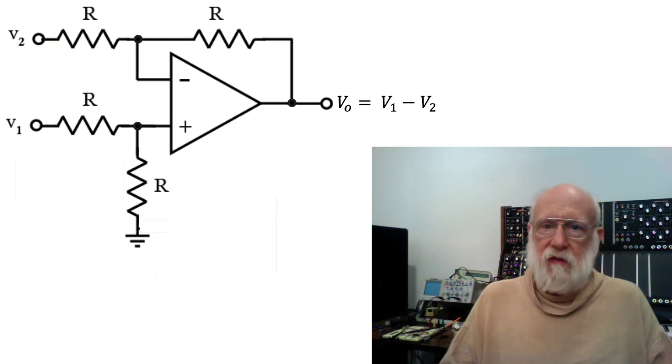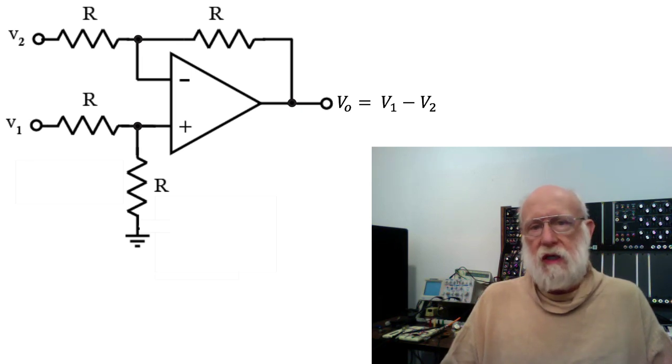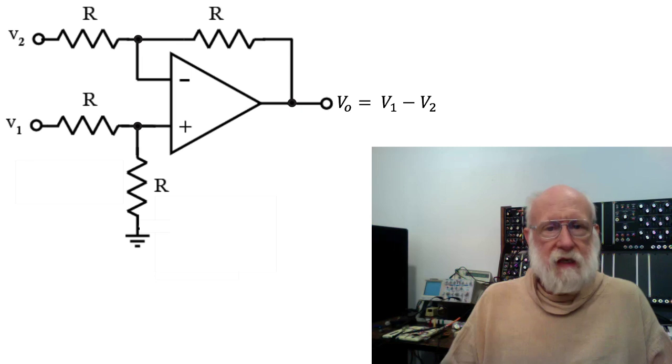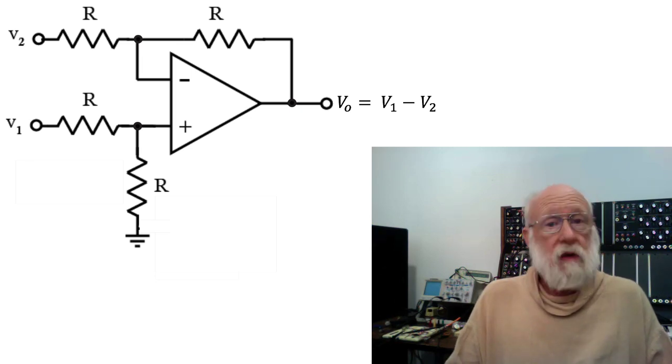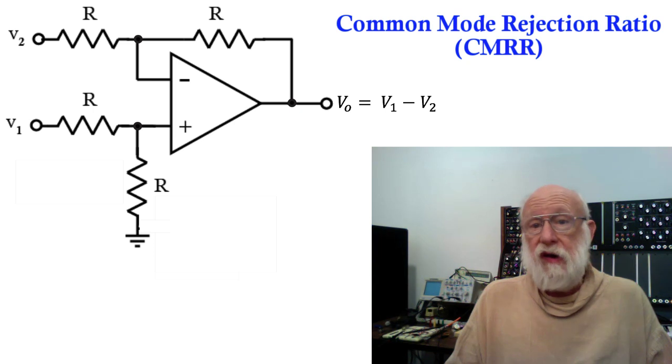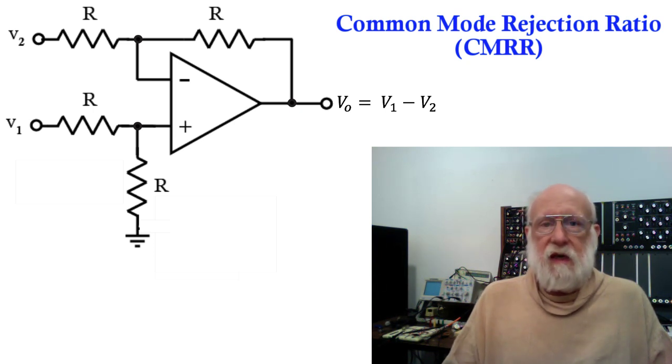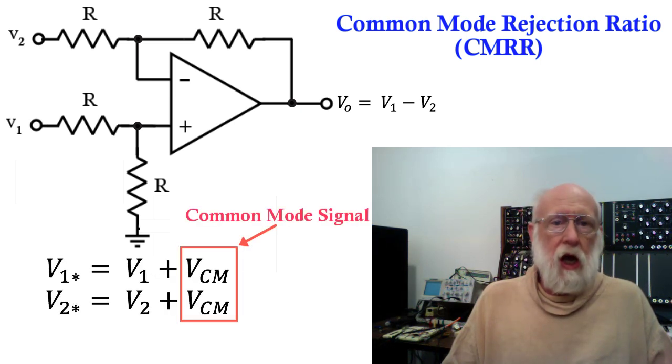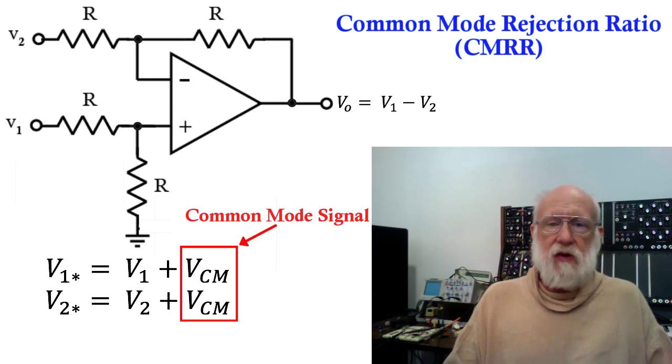When we first covered this, we glossed over it and did not talk much about it at all, but there are several problems with the basic difference amplifier. One has to do with what is called the common mode rejection ratio. Now, since you're looking at the difference in two signals, those two signals may have some common value added to them.